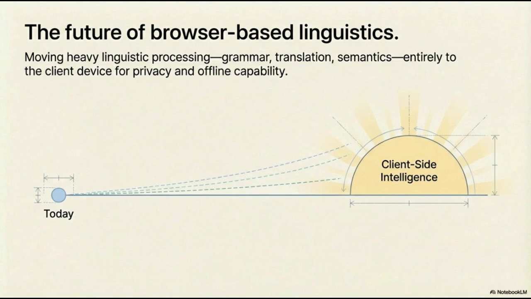This transition, illustrated by the progression from our current limited capabilities to a broad horizon of client-side intelligence, is driven by the critical need for enhanced user privacy and robust offline functionality. By shifting these complex computations to local hardware, we can provide users with linguistic tools that are faster, more secure, and accessible regardless of their internet connectivity.